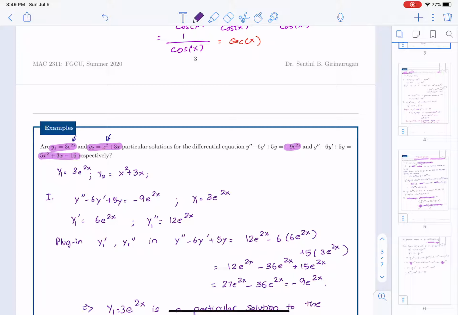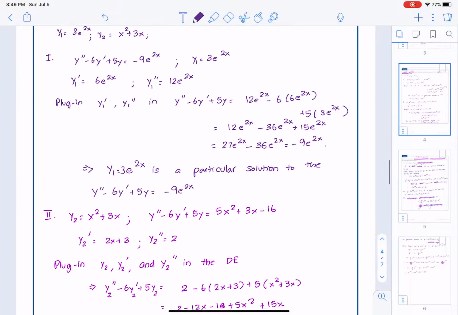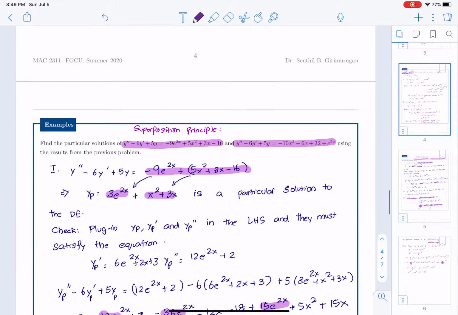And you take any linear combination of the right-hand sides, and the corresponding linear combination of those particular solutions will also be a solution to the DE. So here I simply added the two right-hand sides to get that part. So the solution is the direct linear combination of the two particular solutions from the previous problem.